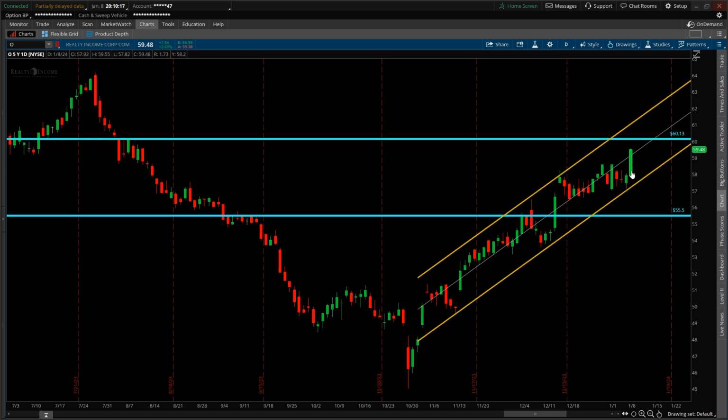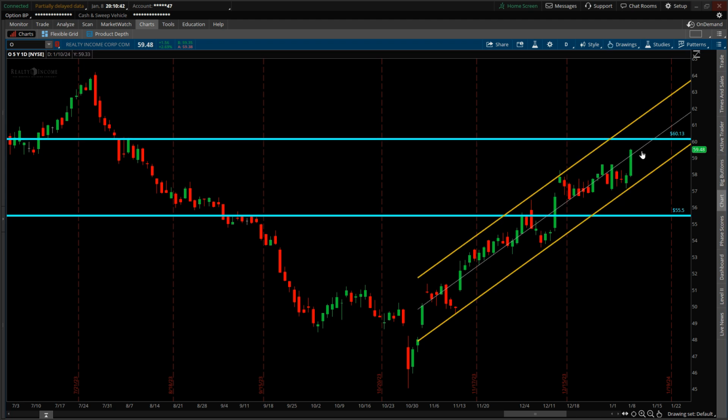However, here today, there was a strong move to the upside. And even though price did close above it, it's literally approaching another resistance level, the $60 milestone. I'm interpreting this that it's possible that price could struggle to break above $60.